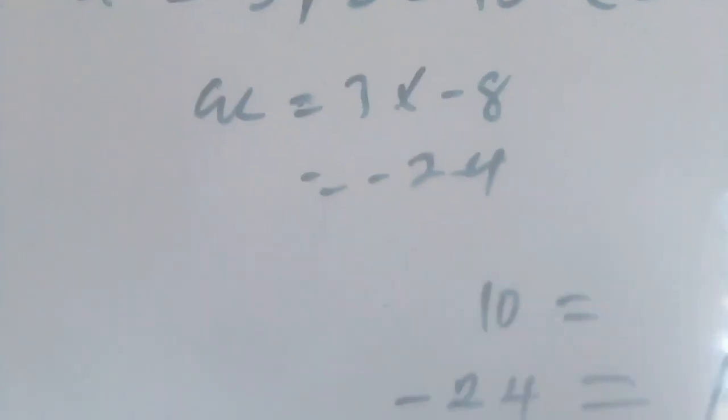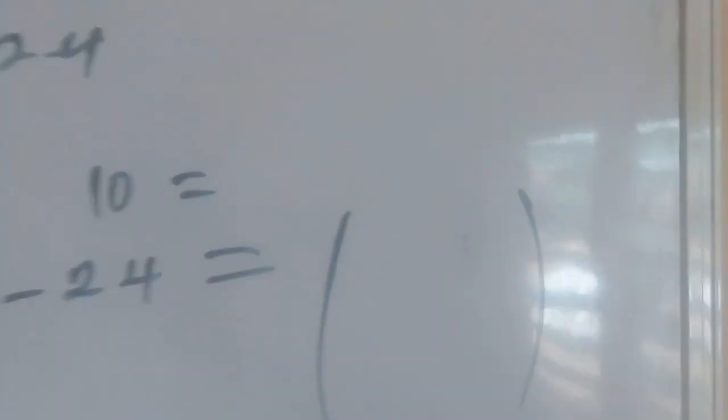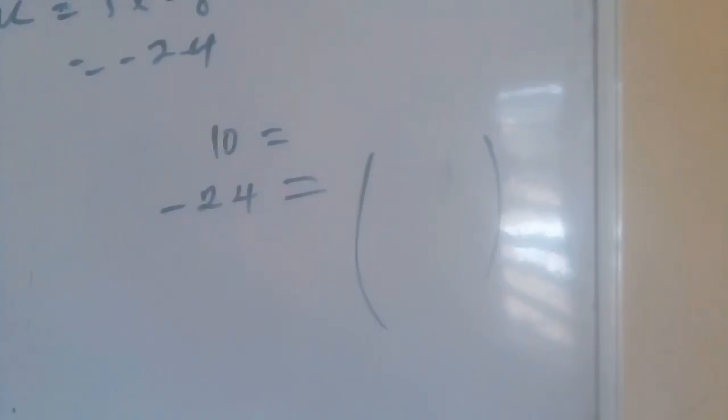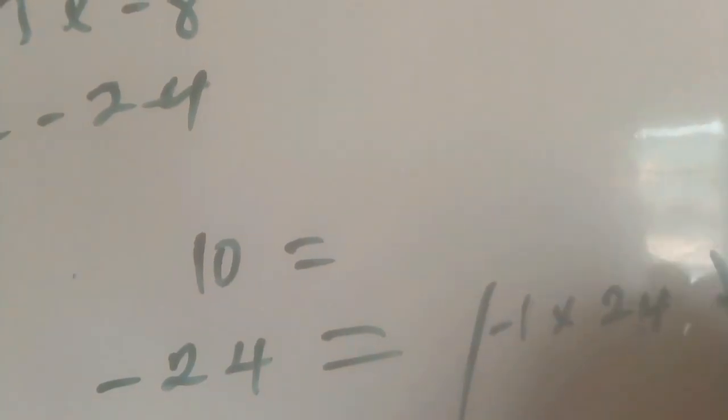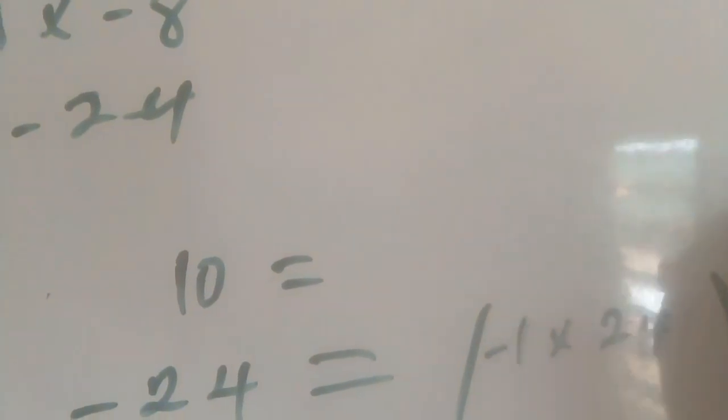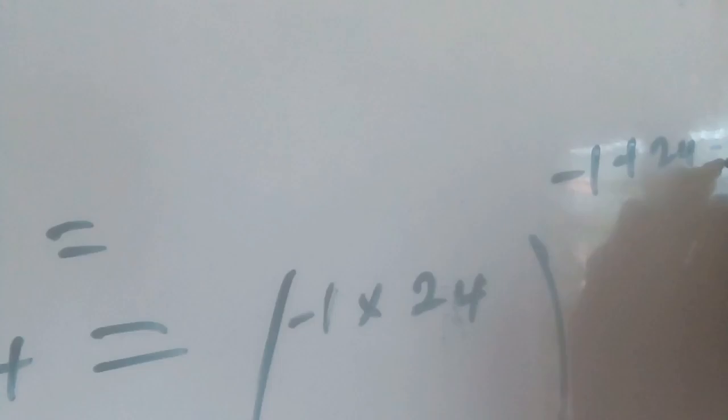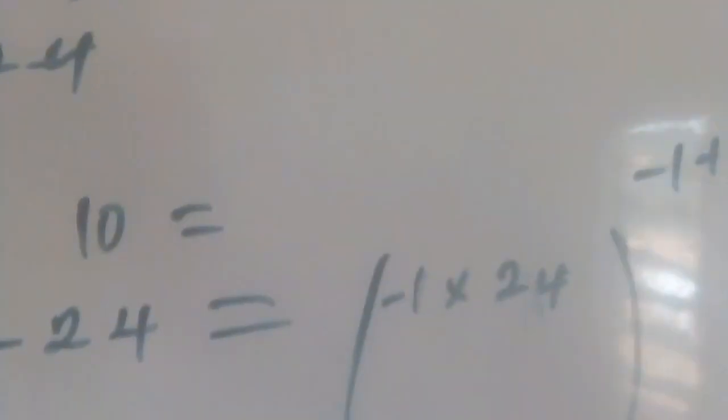Let's look for the two numbers we can multiply together that will give us minus 24. Let's look at minus 1 times 24. Minus 1 plus 24 will give us plus 23, so we cannot go with that.